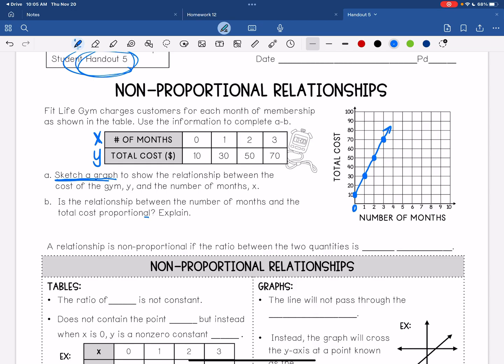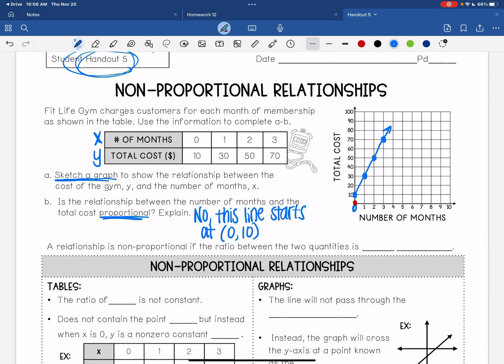And then it asks, is this proportional? Well, we know in order for a relationship to be proportional, it has to go through the origin. And my line does not go through the origin. It does not start at 0, 0. So I'm going to write no. This line starts at 0, 10.